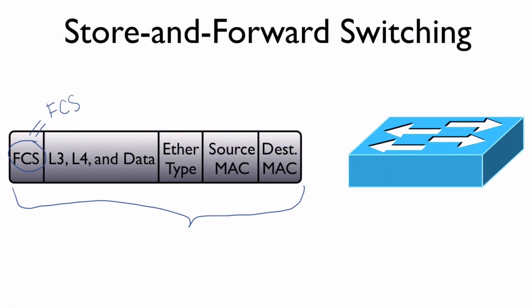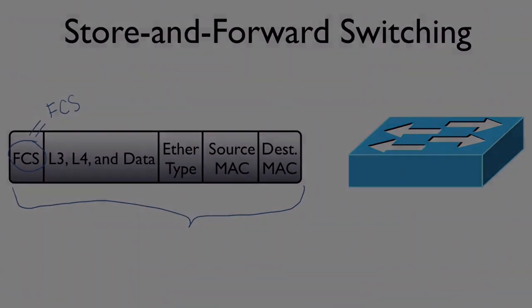Advocates of store and forward switching would point out that we're not going to waste bandwidth by beginning to forward a frame that's invalid anyway, because we're checking the frame check sequence embedded in the frame against our own calculation, and if they match, it must be a good frame. The downside is that this might be a little bit slower than cut-through switching because we are waiting until we receive the entire frame before we begin forwarding it.